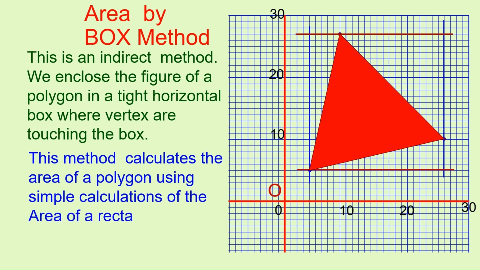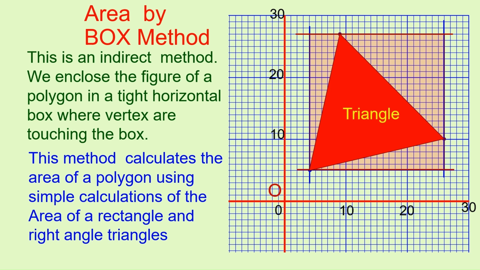In this method, we calculate the area of a polygon using simple calculations of the area of a rectangle and right-angled triangles.